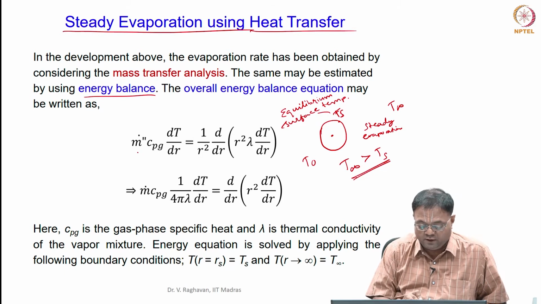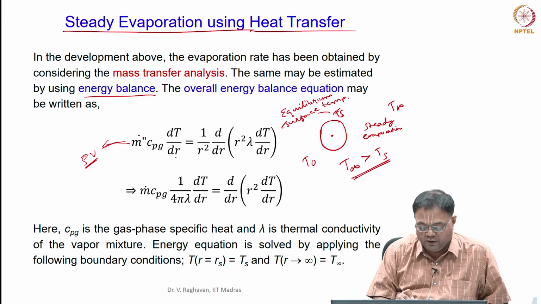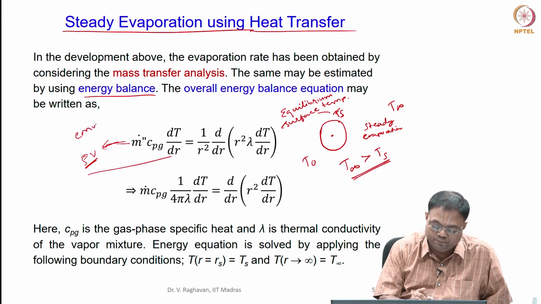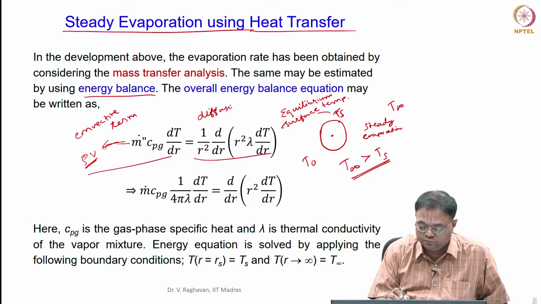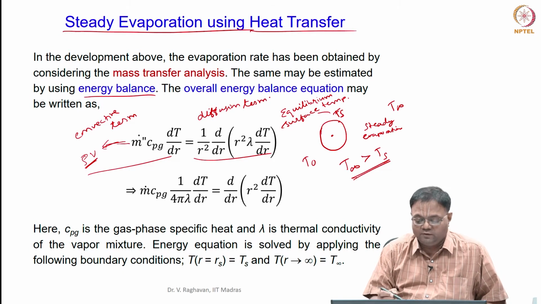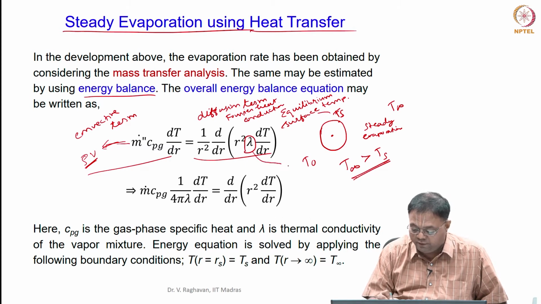This flux m dot double dash is rho v, into Cp into dT by dr. So, this is the convective term, equal to the diffusion term, that is the heat conduction, Fourier heat conduction, where lambda is the thermal conductivity.